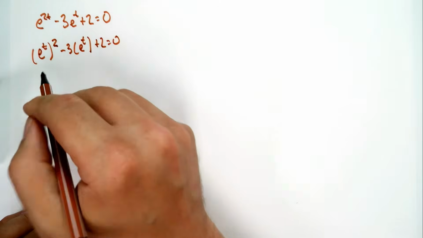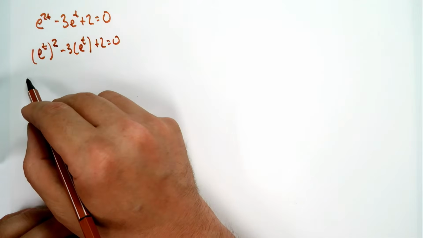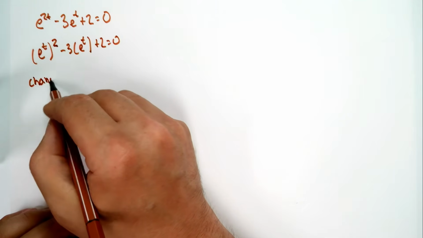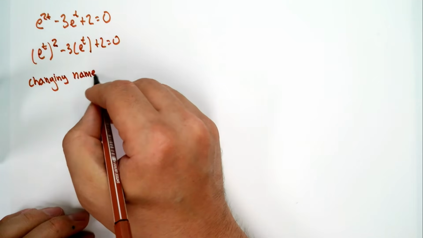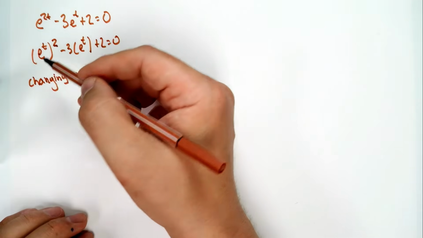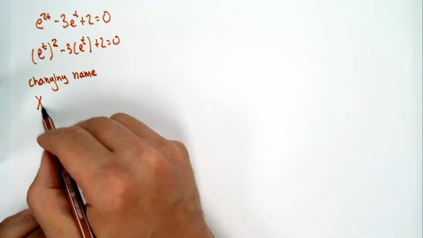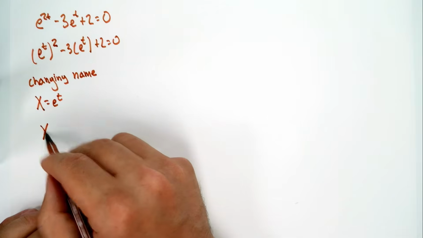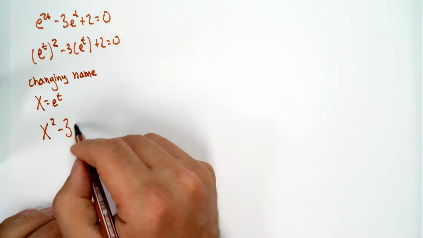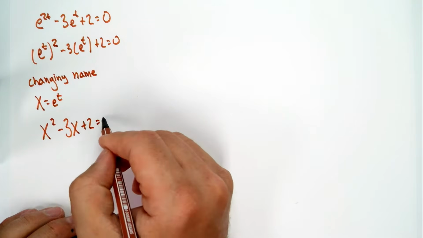So here's a very important idea: changing our names. What does that mean? Well, we're going to change what we call things. So instead of calling this e to the t, we're going to call it x. So x is now e to the t. What does this become? x squared minus 3x plus 2 equals 0.